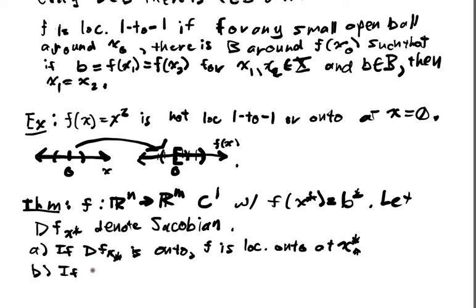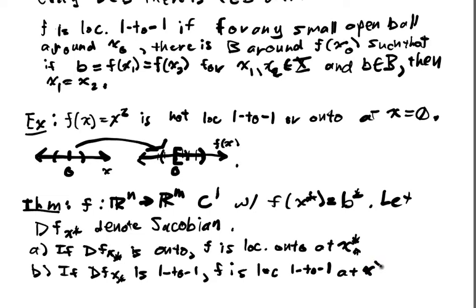(B) If df x star is one-to-one, f is locally one-to-one at x star. So that means that my Jacobian is telling me local information about f, whether it's locally onto and locally one-to-one. So global properties of the Jacobian tell me local properties of f. We have corresponding local properties, and that's the beautiful thing. And using this, we'll be able to state the full inverse function theorem.